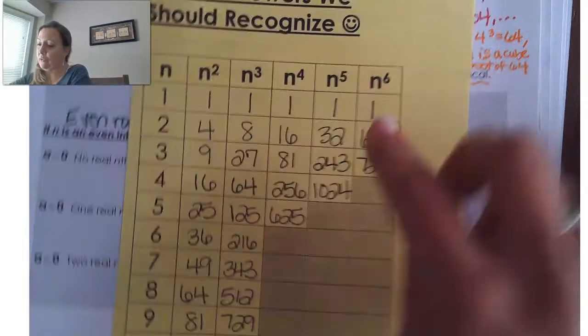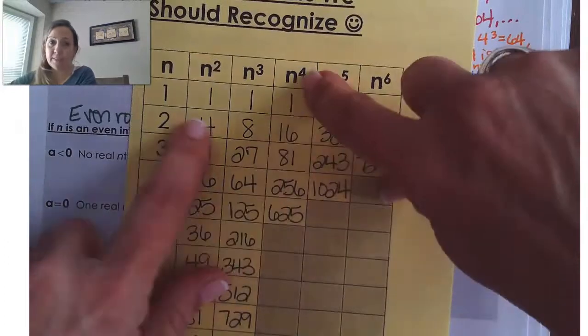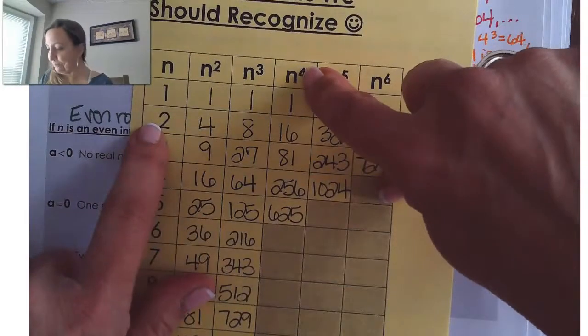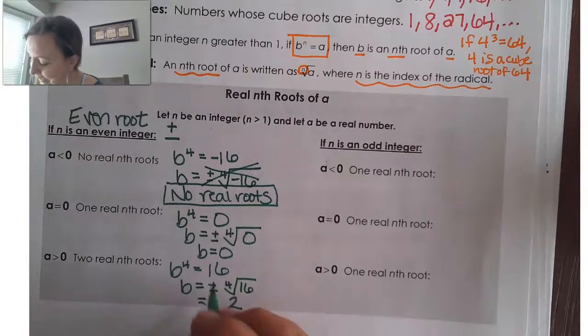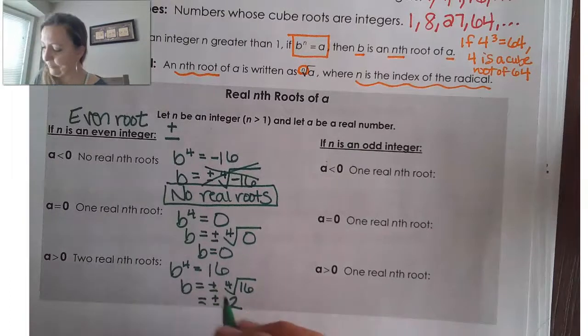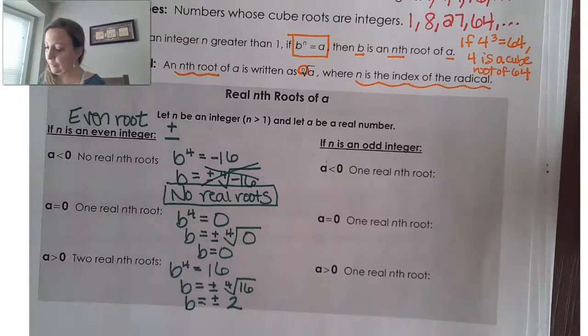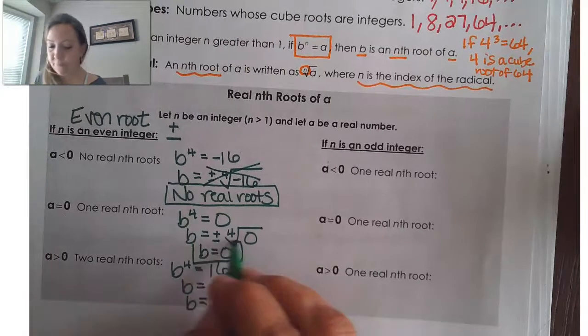So we're going to be using this backwards to help us find roots. And so again, since the fourth root of 16 is 2, and we inserted that even root, our answer would be that b is plus or minus 2. I forgot to box the 0, okay?